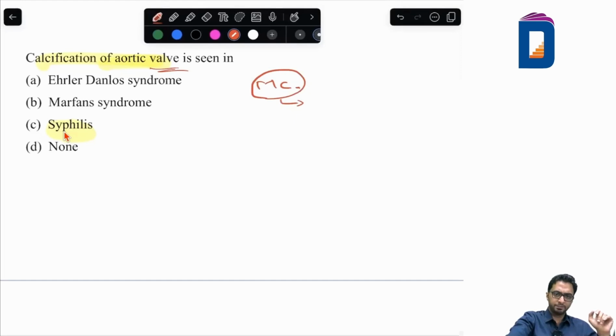One more condition, which is again an infection. Okay, let me take that page. It is basically rheumatic fever, where we saw what type of murmur? What type of murmur in rheumatic fever?